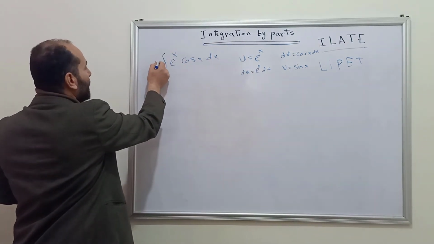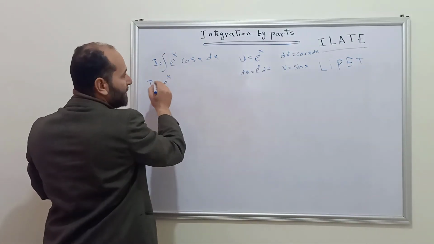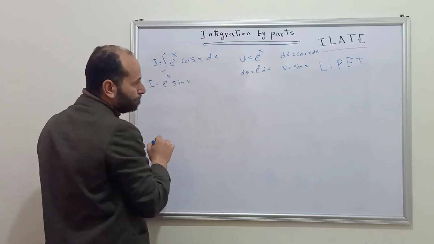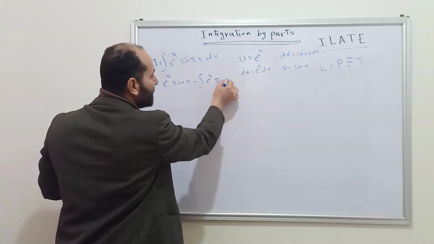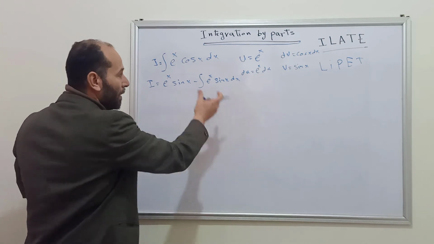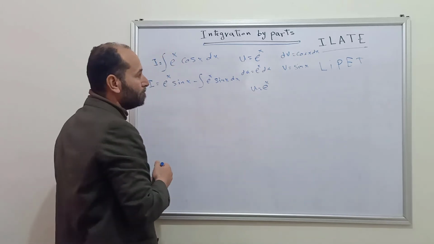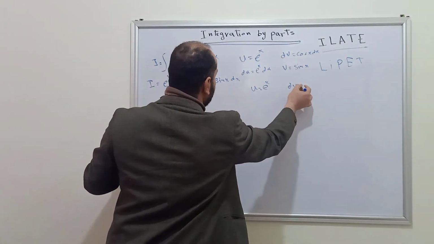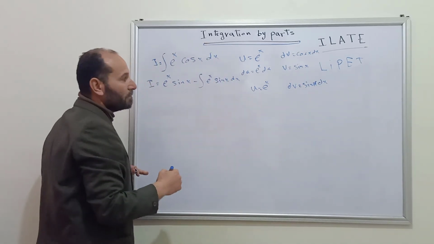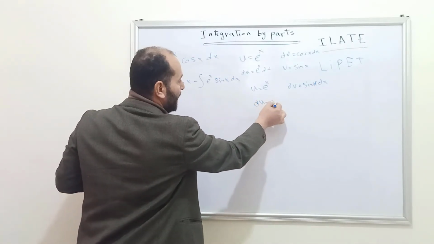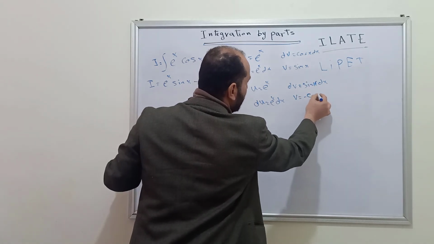And this integration equals uv, e power x sine x, minus integration e power x sine x dx. And you can take u here equals e power x, and dv equals sine x dx. Here du equals e power x dx, and v equals negative cosine x.